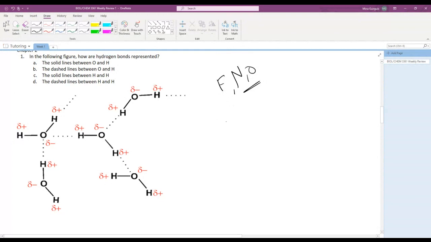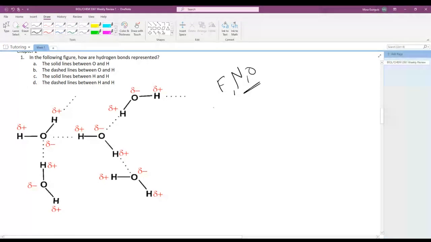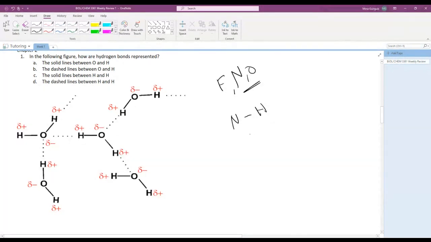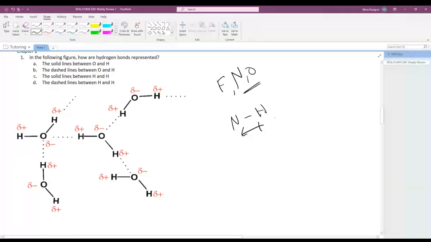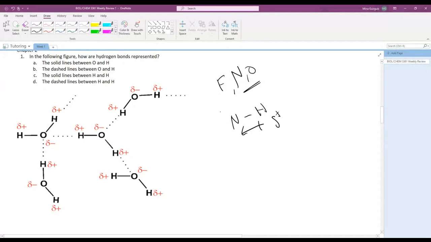We don't talk about fluorine too much. When you have a nitrogen attached to a hydrogen, as we see with this oxygen and hydrogen, this bond is really polar. It pulls on the hydrogen, leading to it having a partial positive charge, and this being partially negative. Those sigmas are a partial charge, not a full charge.